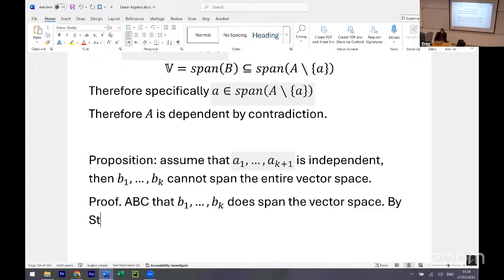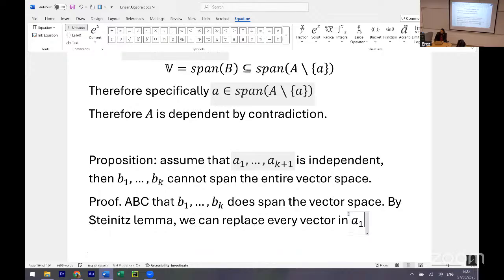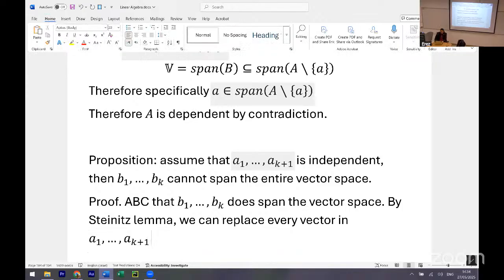By Steinitz's lemma, we can replace every vector in A1 to A(K+1) by a vector from the spanning sequence.